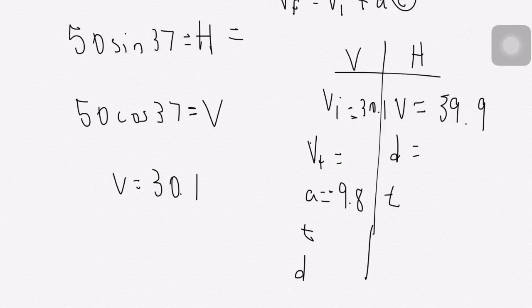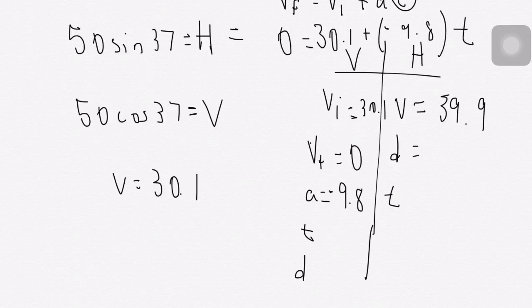If we rearrange it, we do 0, since velocity final is 0, equals 30.1 for the initial, plus negative 9.8 times the time.